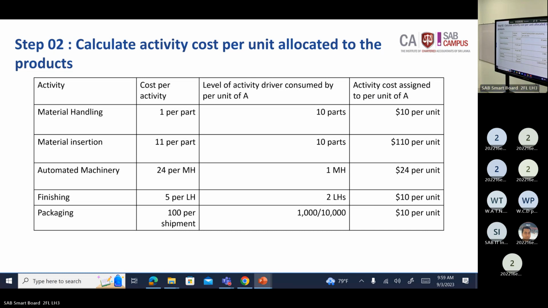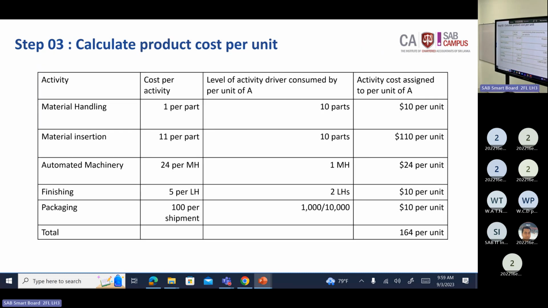Activity cost assigned per unit: 10, 110, 24.